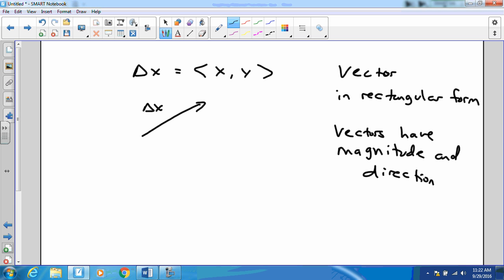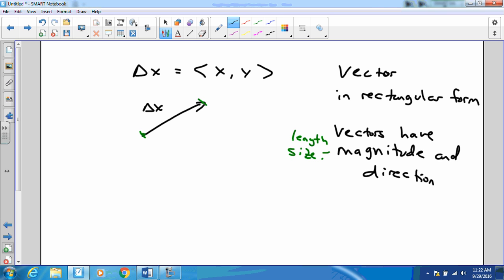The magnitude of a vector is going to be its length or its size. In other words, the magnitude is the distance from here to here. And you might think that it would be hard to find the magnitude of the vector, but actually it's not.